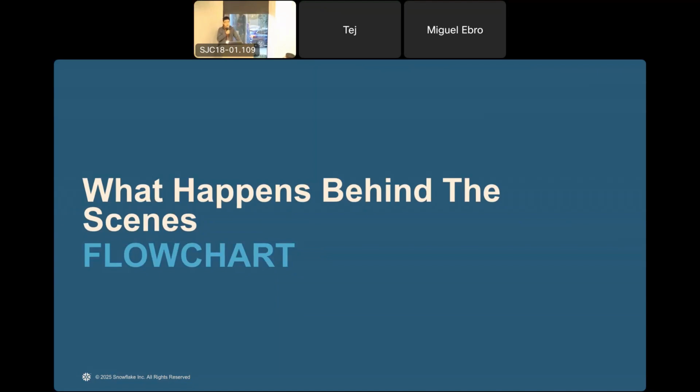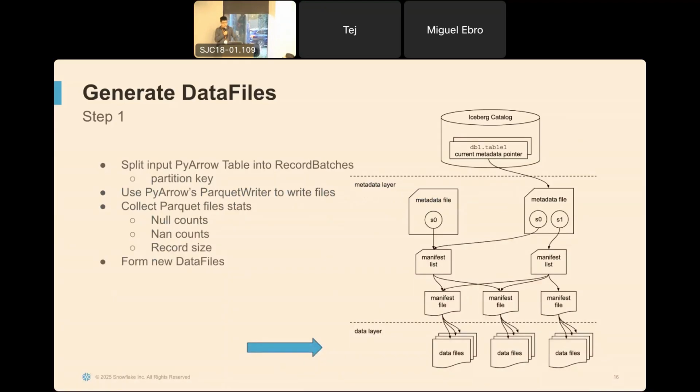So what actually happens when we add data to the Iceberg table? The first step PyIceberg will do is to generate data files. PyIceberg will first take the input Arrow table and split it into chunks. The chunks are also known as record batches in PyIceberg. And rows will be grouped by their partition key in these batches, meaning that each record batch will contain rows from the same partition.